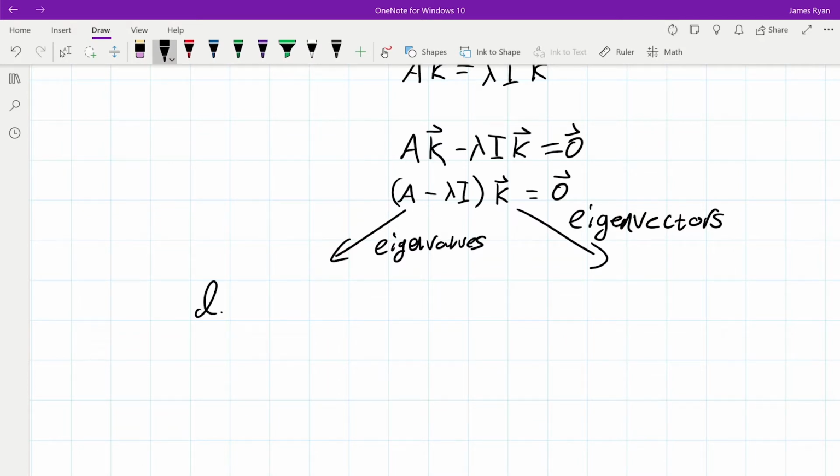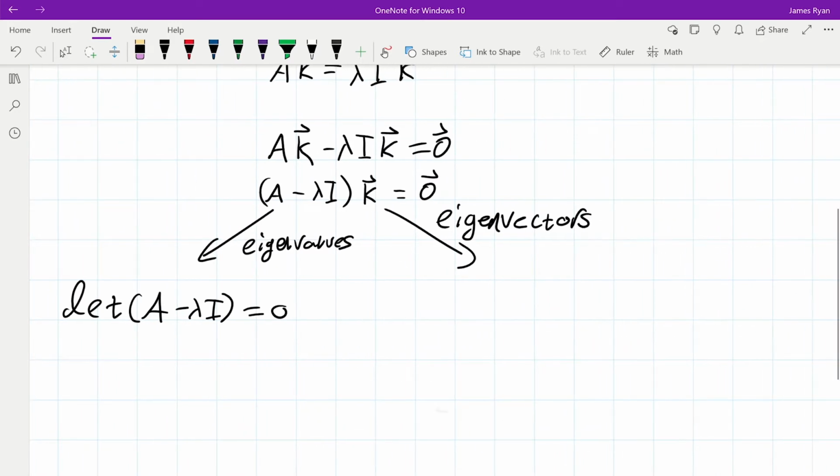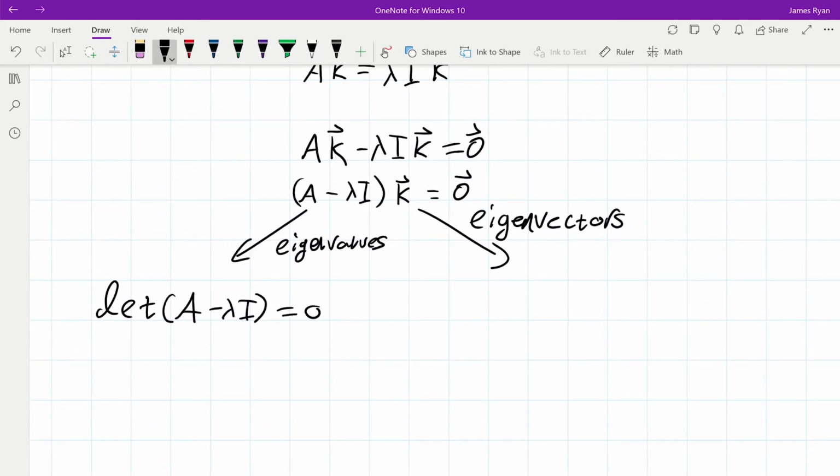So we know that the determinant of A minus lambda I is 0. So we can use this to find the eigenvalues, because we know how to compute the determinant. And to find the eigenvectors, since this is a matrix algebra equation, we can just solve it like we would any system of linear equations. We'll have to solve it multiple times because we'll have multiple different values of lambda, but that's fine. We know how to do that.